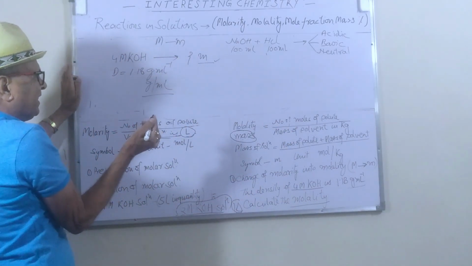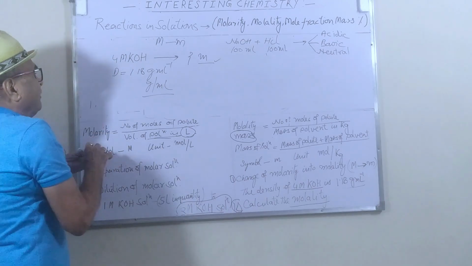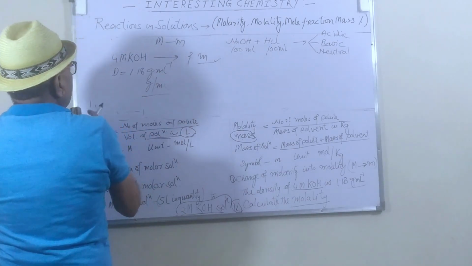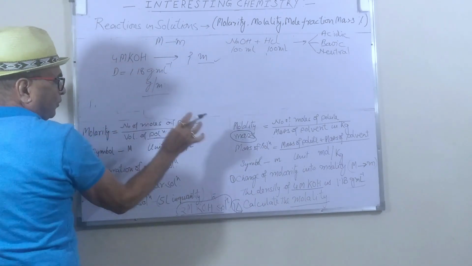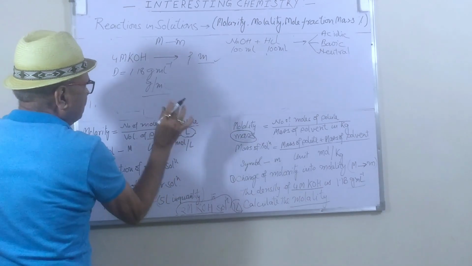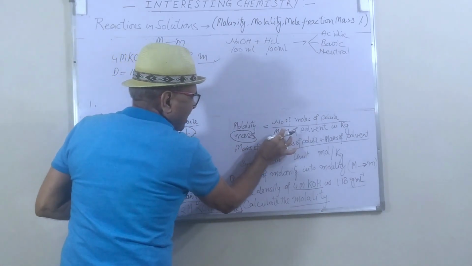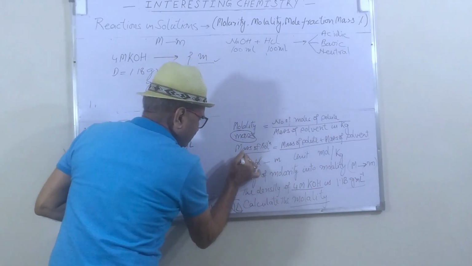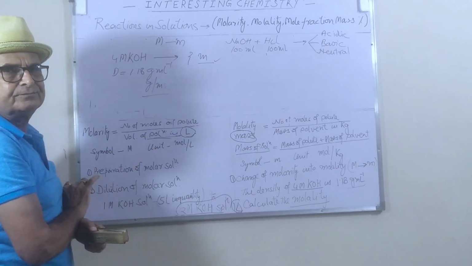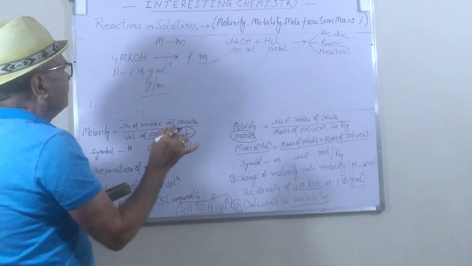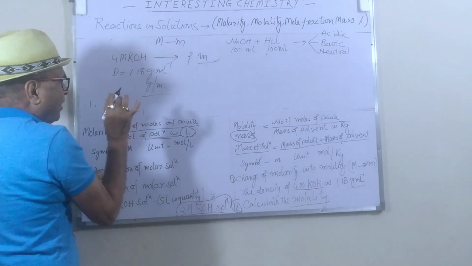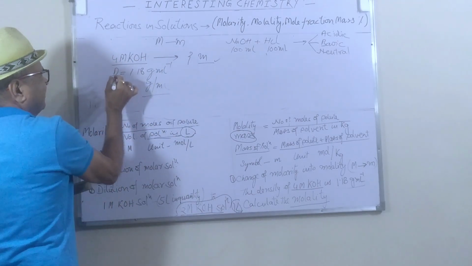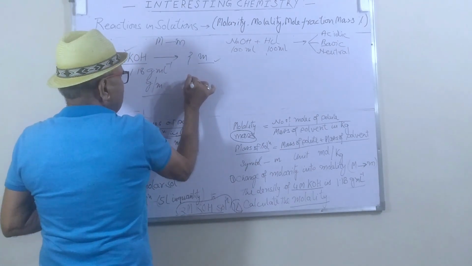So first of all, you have to know the mass of the solvent and the mass of the solution. You have to find the mass of the solution and what amount of KOH is dissolved in the solution.